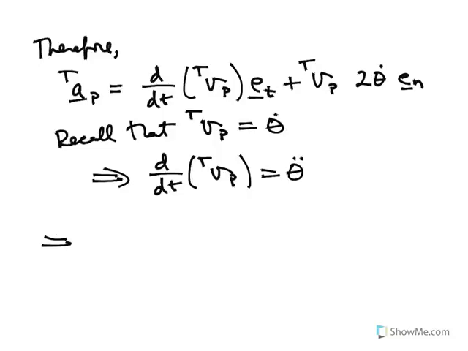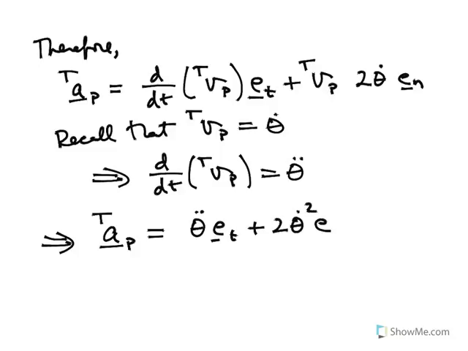That gives me that the acceleration of P as viewed by an observer fixed to the track is equal to theta double dot times e_t plus 2 theta dot squared times e_n. And you can see that that's a very simple expression which gives me the acceleration of that point P using intrinsic coordinates as opposed to cylindrical coordinates.